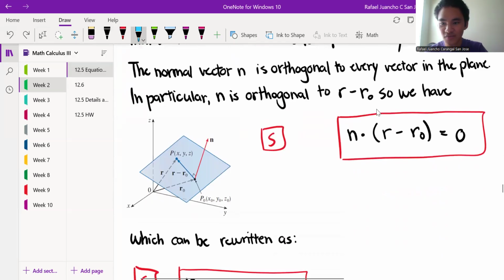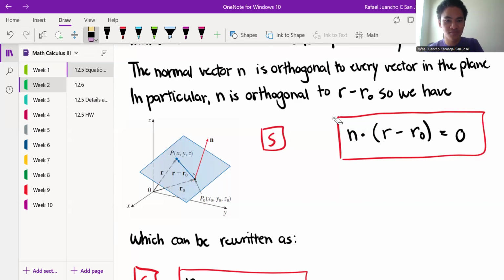Now let's look at the visual to see how this looks exactly. r naught is this, and it points to P naught. And then r was the previous line I drew, which points to P. And so the vector that connects both of them is r minus r naught.